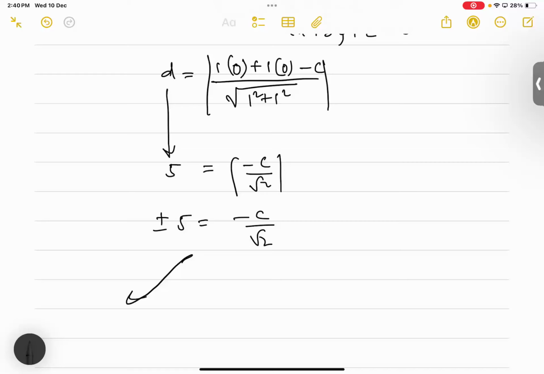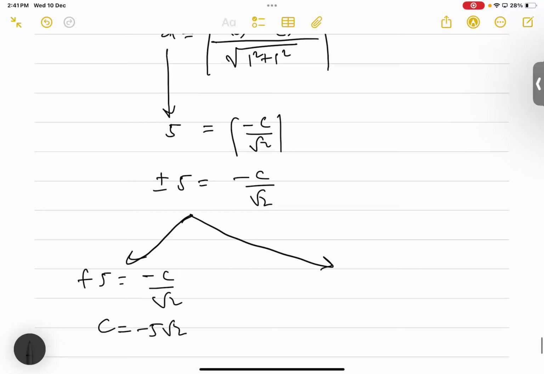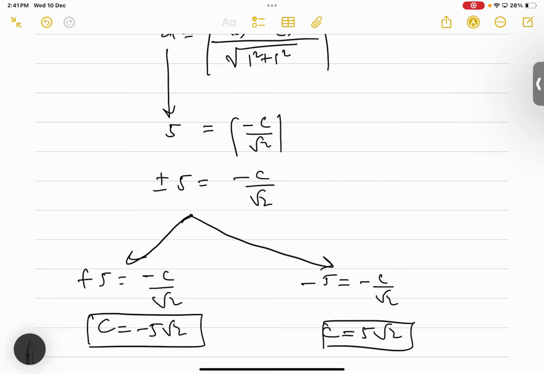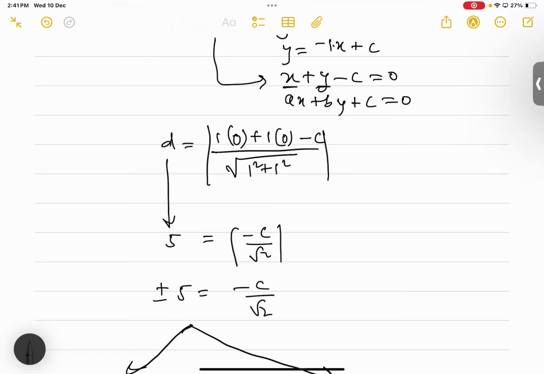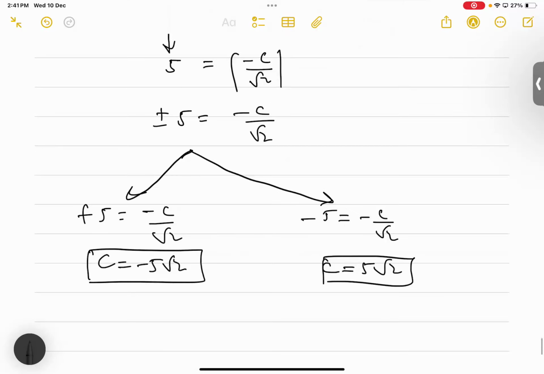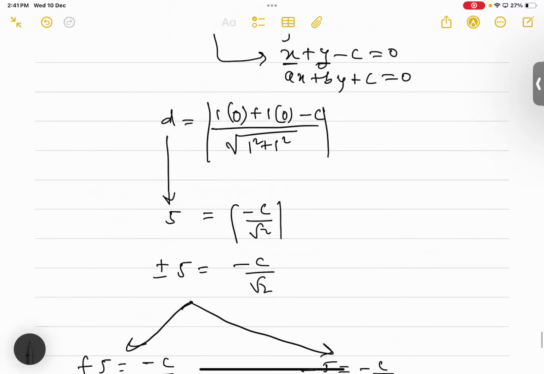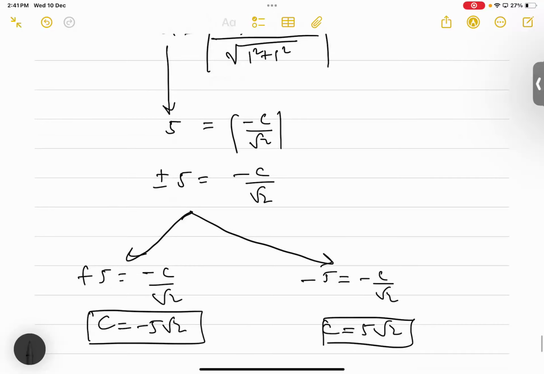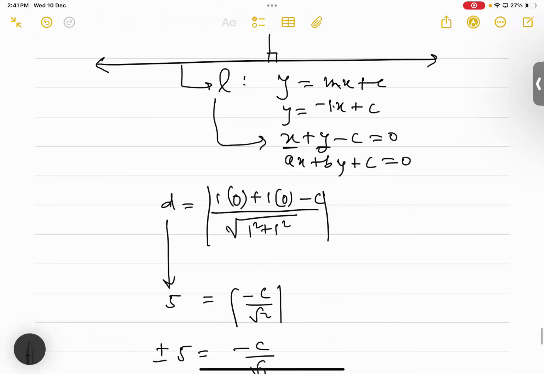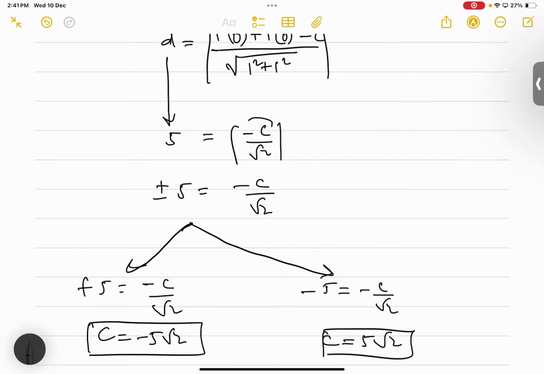So c will take two values by solving this. c is equal to minus 5 root 2 and c is equal to 5 root 2. Where to put this value of c? If you take minus c out of the modulus, it becomes plus c. So I got two cases now. When c comes out of the modulus, it'll be plus c, right? But then see this entire value.